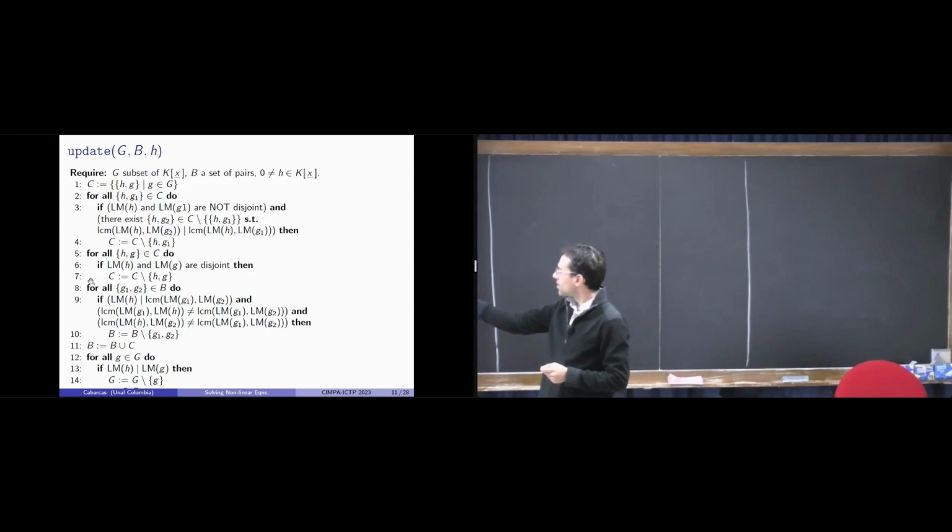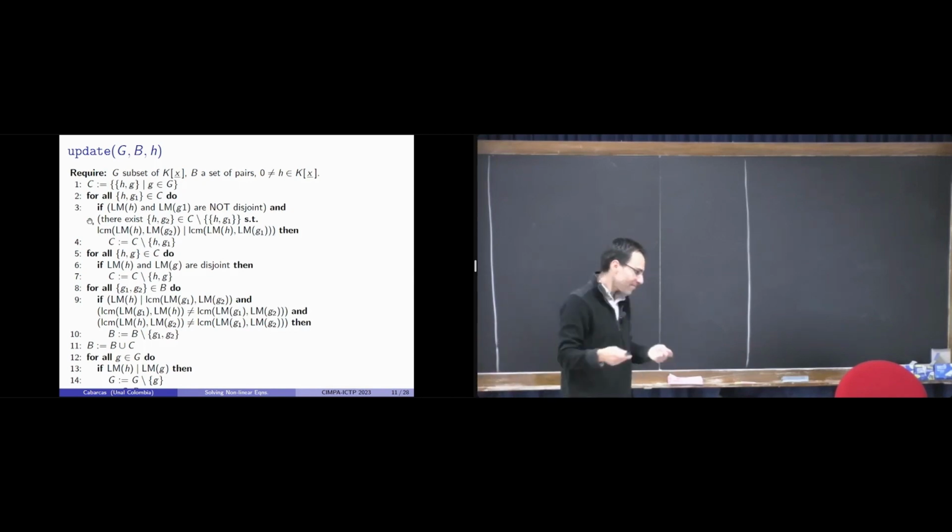And then there's another criterion here. For example, if the least common multiple of the leading monomial of H and the leading monomial of G2 divides the least common multiple of the leading monomial of H and the leading monomial of G1, then we can remove this.